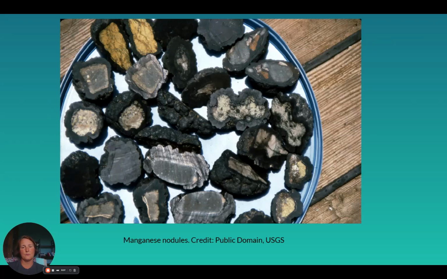Here is a picture of manganese nodules, and you can see that a manganese nodule essentially starts off as some form of sediment, like a rock or something that's more likely to be lithogenous, and then the manganese forms around it over time, which I think is kind of interesting.